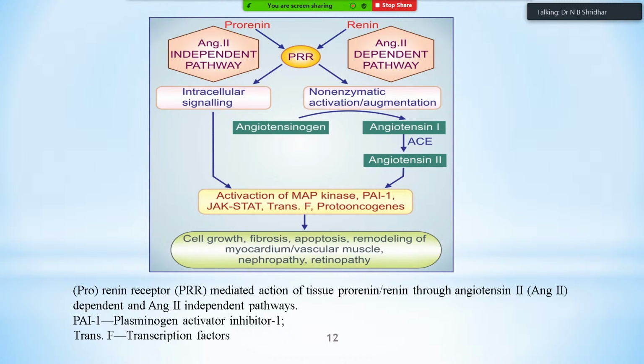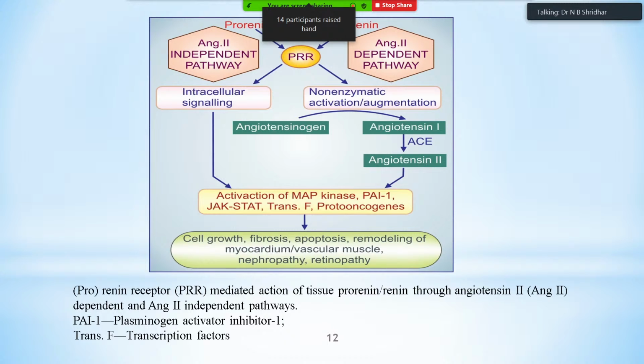Of course, in the non-enzymatic conversion, angiotensin 1 with the enzyme ACE is converted to angiotensin 2, and with the activation of MAP kinase, PAI1, platelet and Janus kinase 2, STAT transcription factors, and a variety of proto-oncogenes are activated.